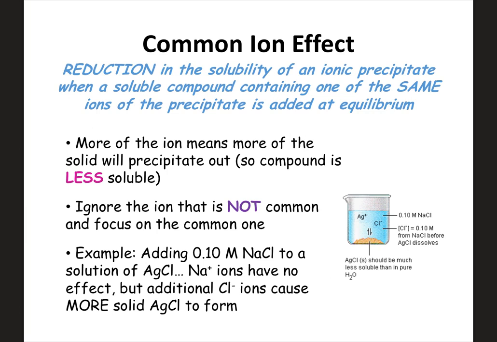So it's actually going to precipitate out some more. So less of the AgCl will be dissolved. That's a common ion effect. The substance here, the AgCl in this case, is less soluble than it was because of the presence of more Cl- ions. That's the common ion effect.